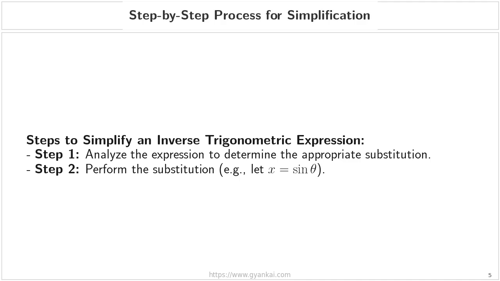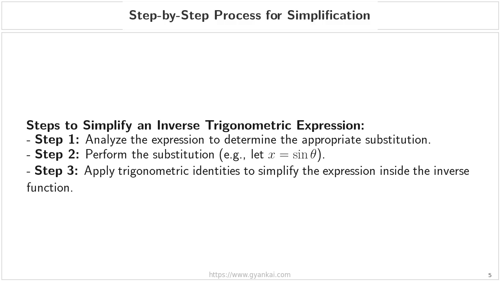Once you have identified the correct pattern, we move to step 2, perform the substitution. This means you actually replace the algebraic variable with a trigonometric ratio. For example, if your analysis in the first step suggested a sine substitution, you would let x equal sine theta. Finally, in step 3, you apply trigonometric identities to simplify the expression inside the inverse function.